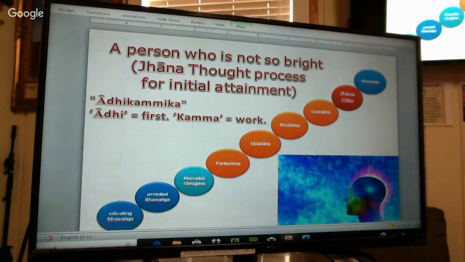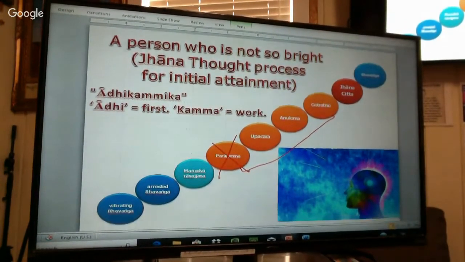But the Buddha distinguished two kinds of person. A person who is not so bright, not too intellectual: for that person, the Parikamma, Upachara, Anuloma, Gotrabhu, four kinds of sense-sphere consciousness work. But if a person is very bright, very intellectual, that person has no need for Parikamma.